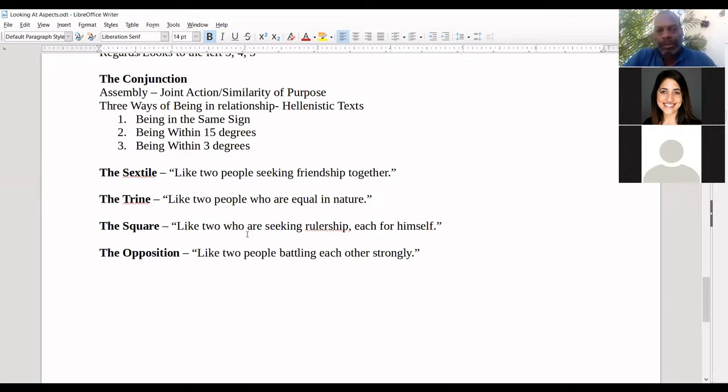But we also know that there are positive squares and there are negative. There are malefic squares and there are benefic squares, right? Where that tension and action that the squares are representing actually bring forth the thing that we really want.